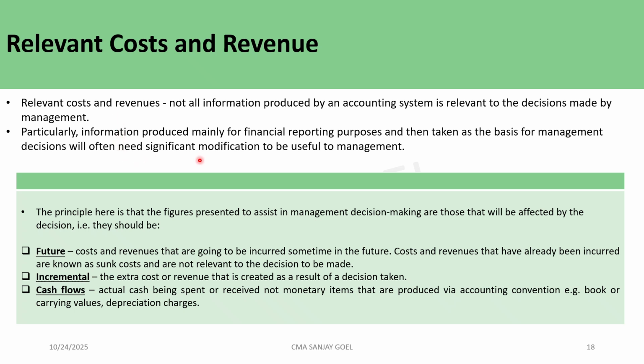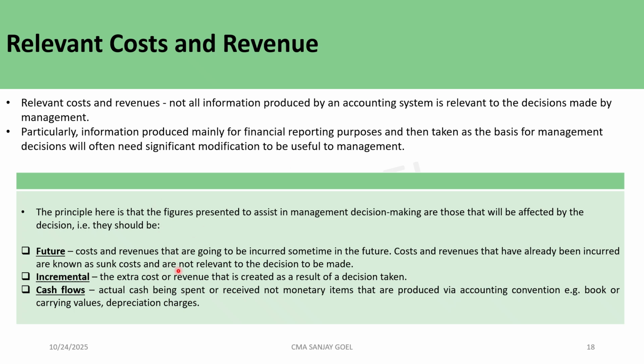Particularly, information produced mainly for financial reporting purposes and then taken as the basis for management decision will often need significant modification. If the manager takes the decision, he has to modify the financial reporting for the purpose of the decision.